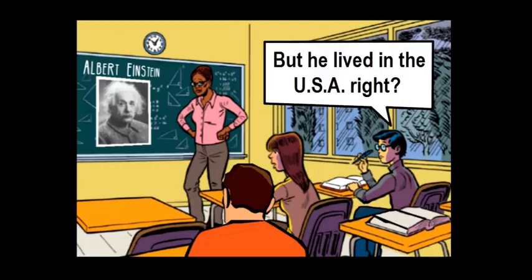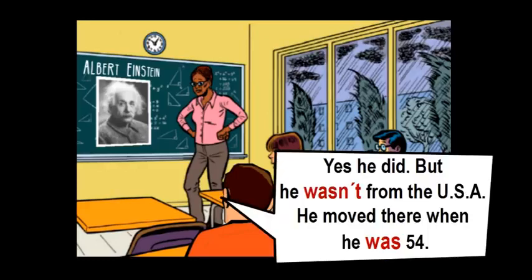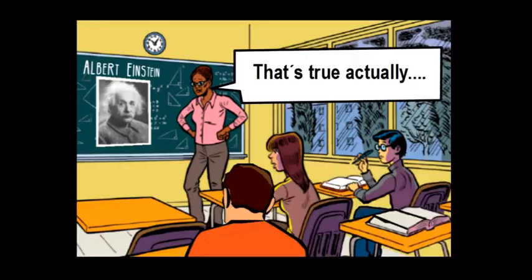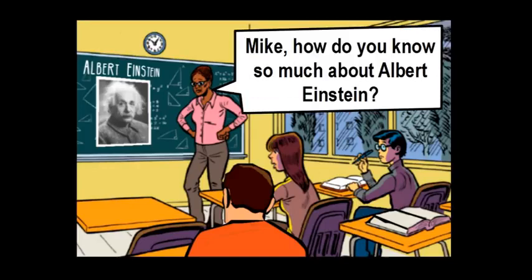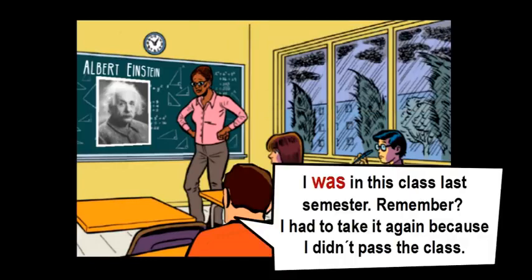But he lived in the United States, right? Yes, he did, but he wasn't from the United States. He moved there when he was 54. That's true, actually. Mike, how do you know so much about Albert Einstein? I was in this class last semester, remember?